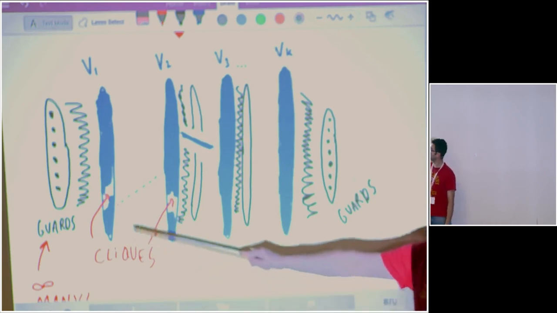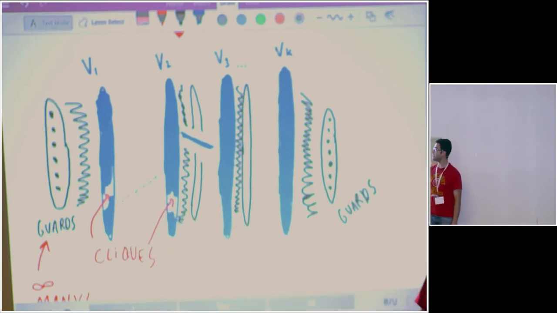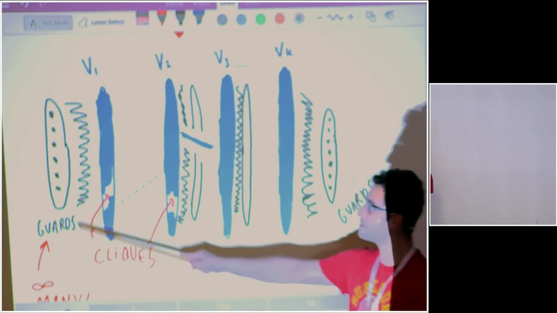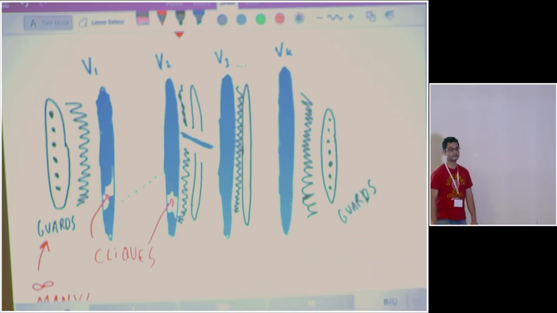However, if I do not pick anyone in v1, then I have to pick all of the guards into my independent dominating set. So if I do not pick any vertices in v1, then I have to pick all of v1's guards into the independent dominating set.